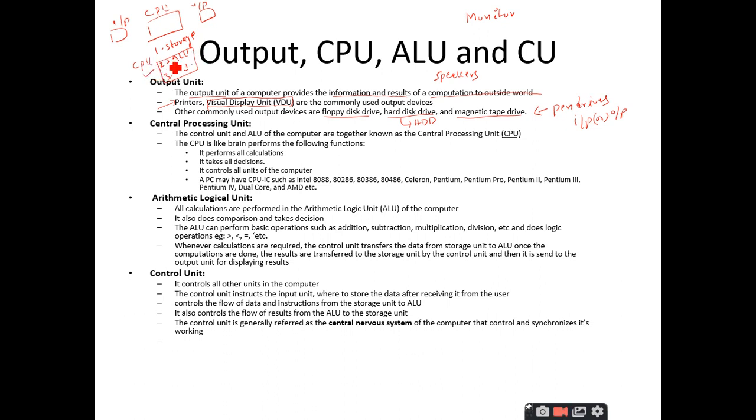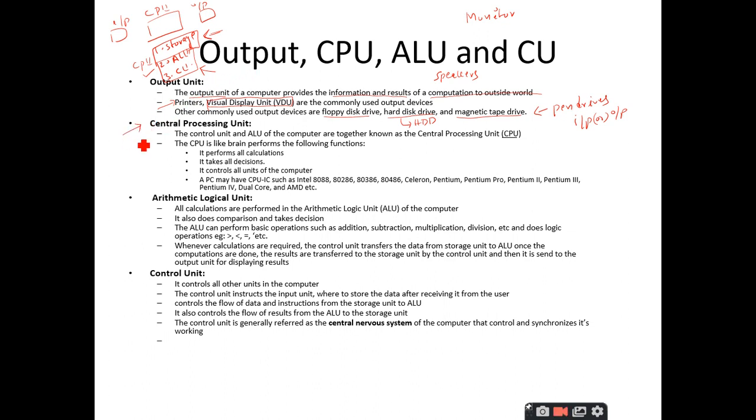You can put the storage outside of the CPU, but you can also put it inside the CPU, nothing wrong in it. You can combine these three and call it a CPU, or you can combine these ALU and CU and call it a CPU, nothing wrong in it. So, let us see what this CPU is, what this ALU is and what this control unit is, and then we will move to the storage. We have a lot of things to discuss in the storage devices.